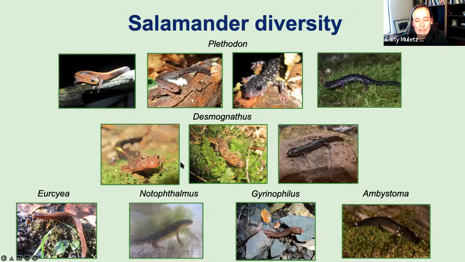We have the Desmognathus genus, which represents fully terrestrial to fully aquatic or predominantly aquatic species, riparian species, to Eurycea and Gyrinophilus that are riparian-based species, and Notophthalmus, which is the eastern newt that is aquatic but can also have a terrestrial stage, and then Ambystoma, for which we sampled a larval species.